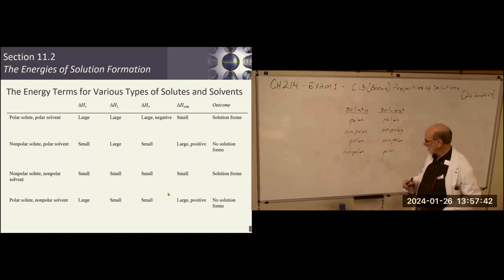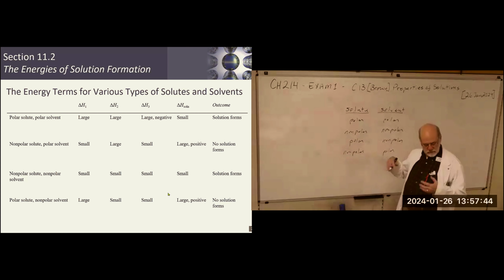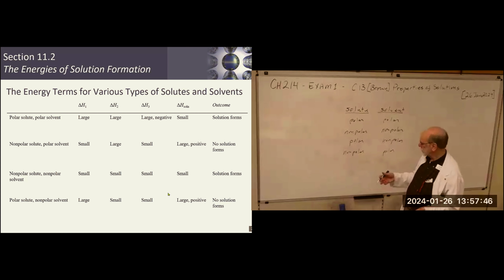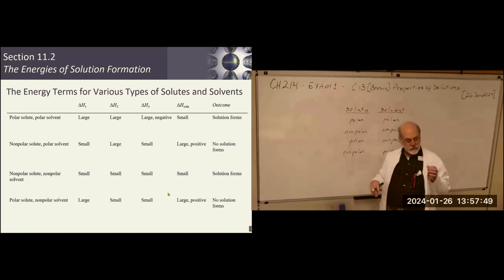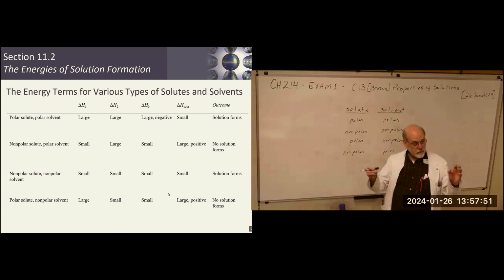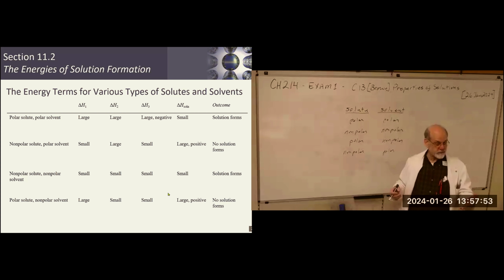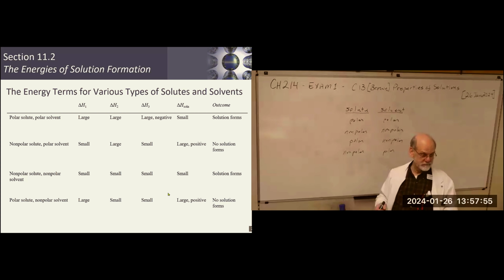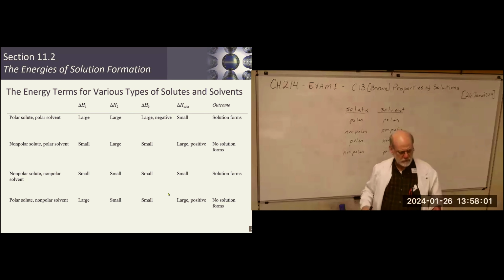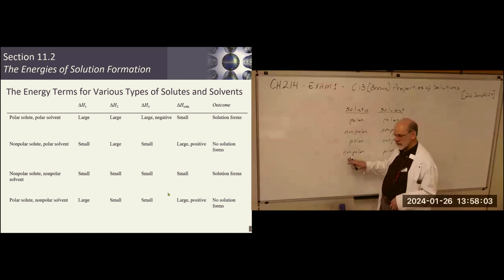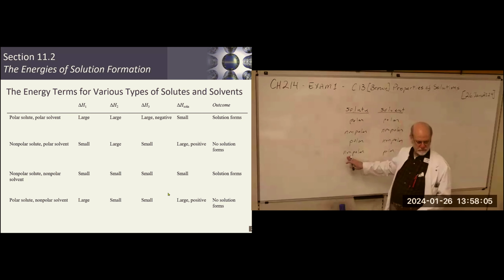Okay, typically, non-polar solutes or solvents don't take much energy to move the molecules apart. Because what forces do they have available to them? They don't have dipoles. They just have London dispersion forces, which are very weak. Right? So just a very little bit of energy is required here, small energy.